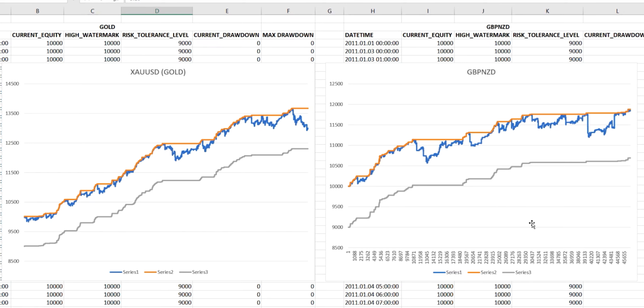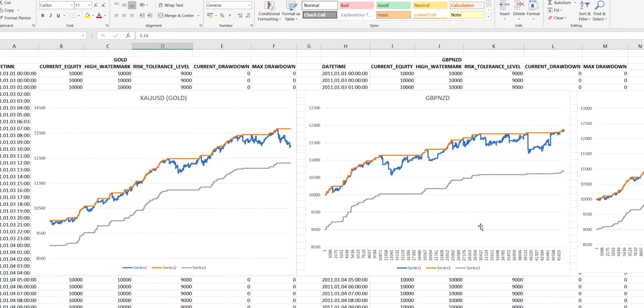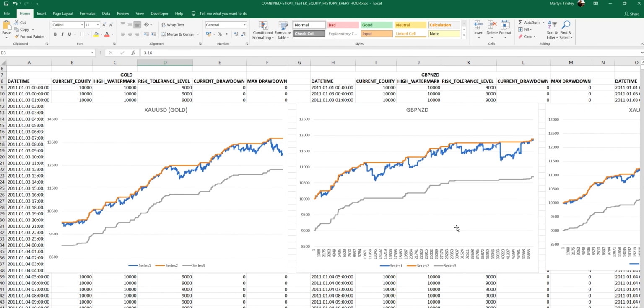And what this means is that when gold is performing well, pound New Zealand dollar might be suffering a drawdown, and vice versa. When pound New Zealand dollar is doing well, it might mean that gold is in a drawdown. And the idea of diversification across uncorrelated asset classes like this is that those drawdowns get smoothed out.